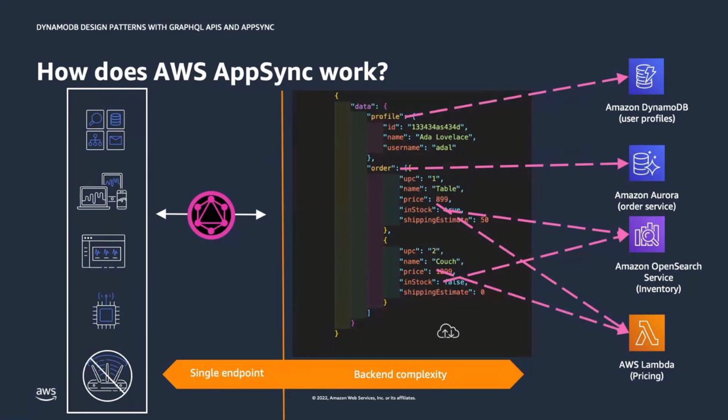You got in-stock information, inventory information that's being retrieved by OpenSearch, and then price information that's being retrieved from AWS Lambda. All of this can happen in a single query. You do not have to make multiple requests to get this information. So in a single query, we're getting a lot of data. We're interacting with a lot of different data sources. Now, this is pretty powerful for your applications because they do not need to worry about that backend complexity. All of this is being exposed in a single query.